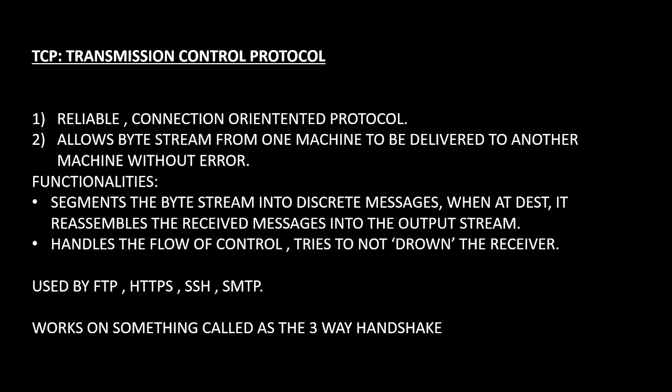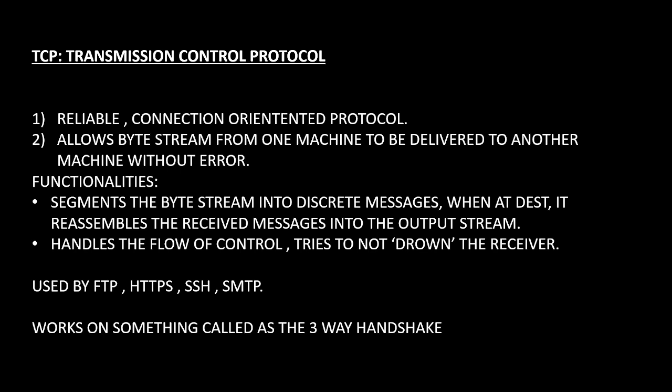I would like to focus on that: without error. While the next protocol we are going to talk about is UDP, in which error handling is given no priority. The main priority of UDP is quick transmission of data.